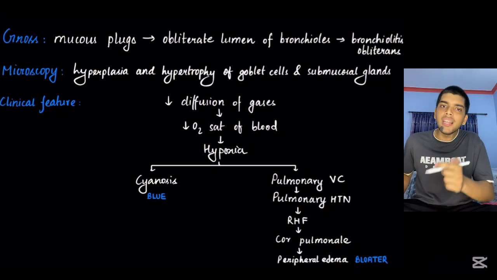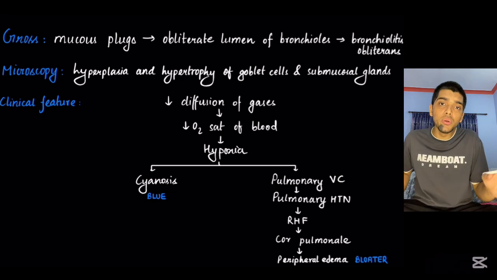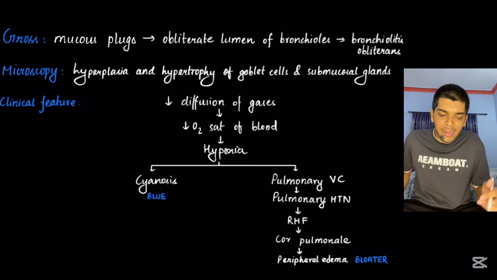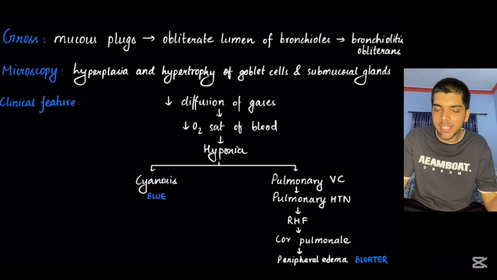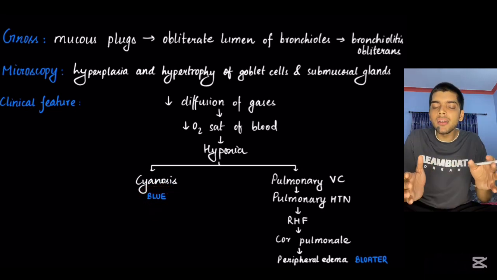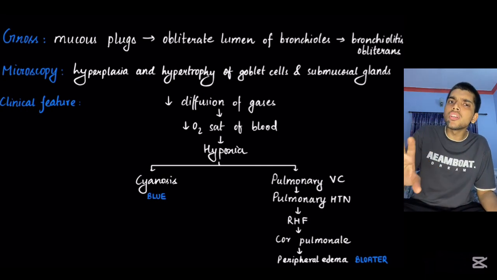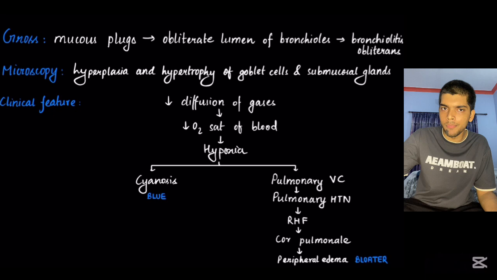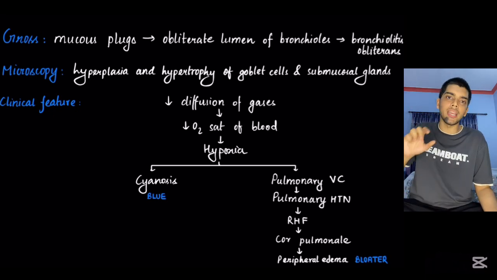Now, hypoxia can lead to two things. Number one, hypoxemia, reduced oxygen in blood, leading to cyanosis. So the patient is blue. Or see, whenever there is hypoxia, vasodilation of systemic blood vessels takes place to supply as much oxygen as possible to the body, but vasoconstriction of pulmonary blood vessels takes place.